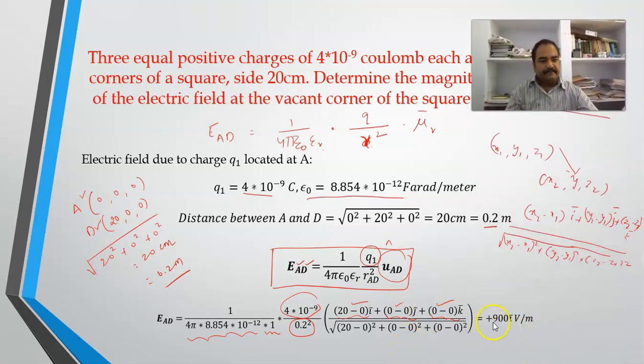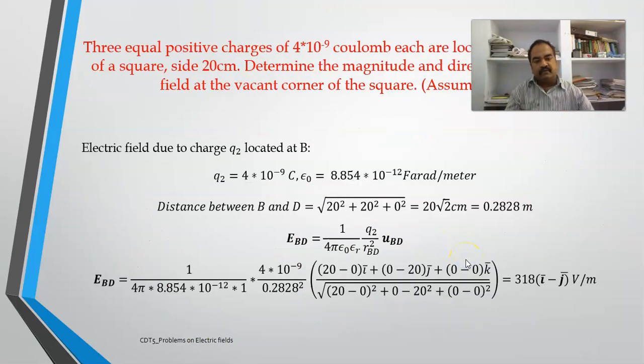So the final answer which you will be getting is plus 900 I. Okay. Now we will move on to the second one, where we have a charge at B. The location of B is 0, 20, and 0. And D point is 20, 0, 0.